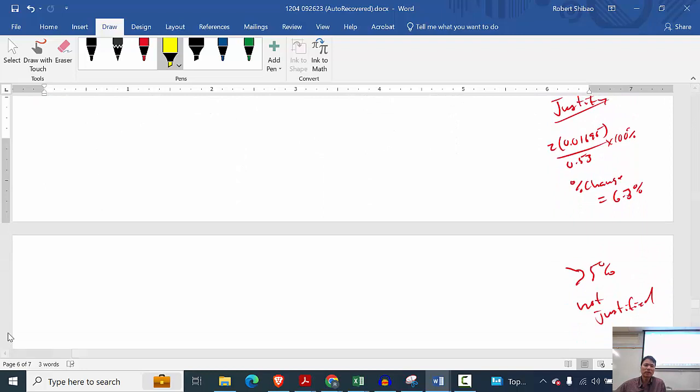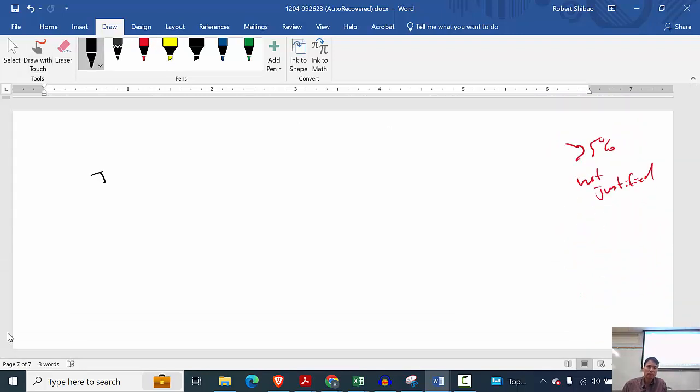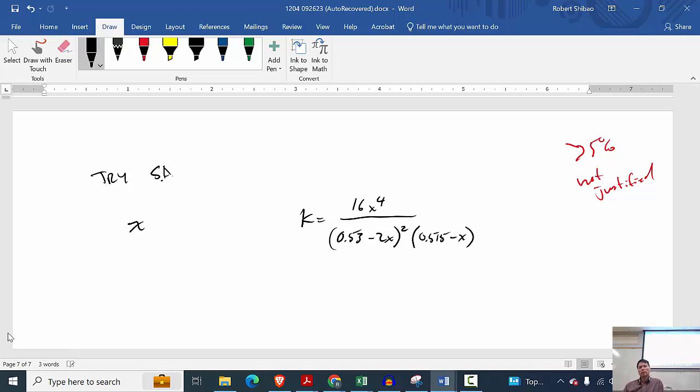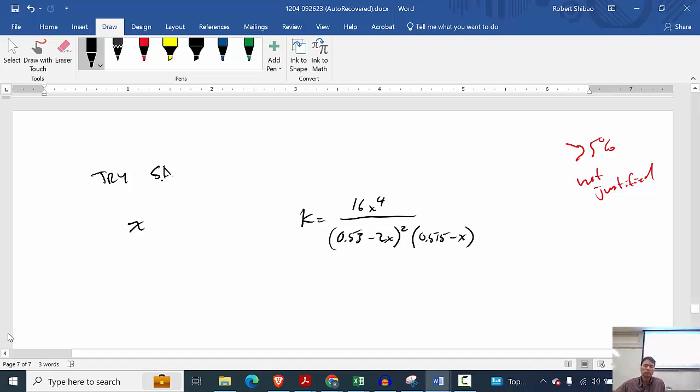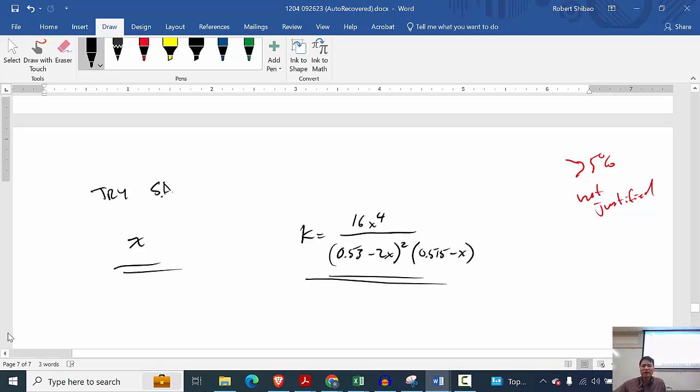I'm going to try to write it like this. All right, now what's our first x value?